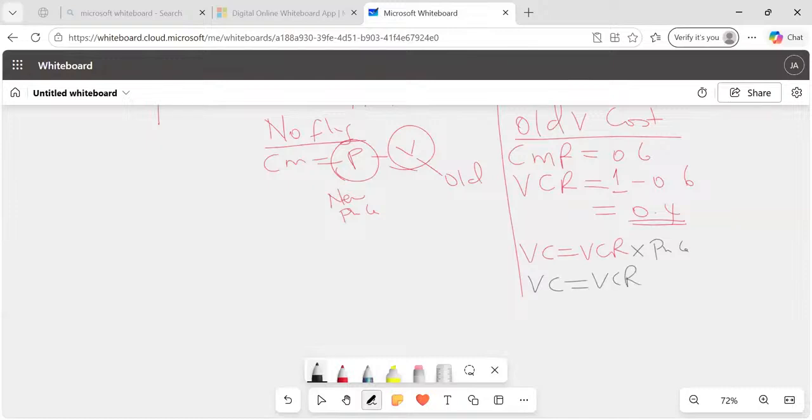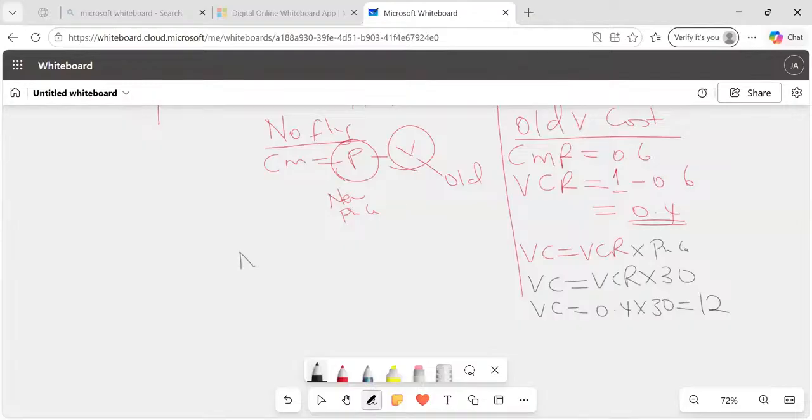Remember, VC is not changing, so we are going to use the old price. The old selling price of no-fly is 30. I'm using the old price here first, because VC is not changing from the original status. So the VC here will be 0.4 times 30. That's how we were able to get 12.